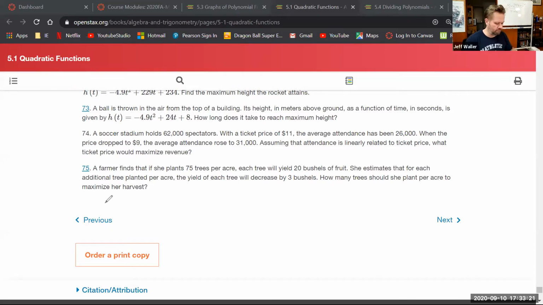Just to play around with this a little bit. 20. Yeah, well, each tree will yield 20 bushels of fruit. Gotcha. So per acre, 75 times 20, that's how much she'll make per acre.